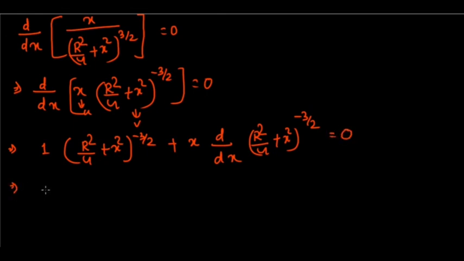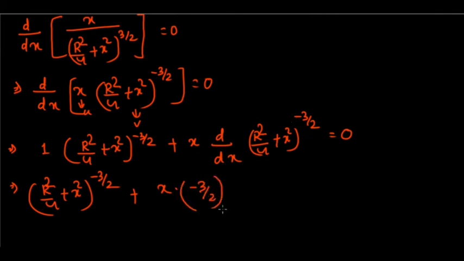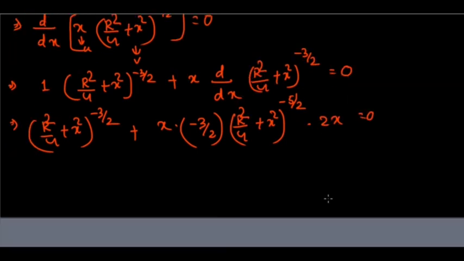So this will be (r²/4 + x²) to the power minus 3/2 plus x into the derivative of this quantity, which will be minus 3/2 into (r²/4 + x²) to the power minus 3/2 minus 1, that is minus 5/2, and then the derivative of x², which will be 2x, that is equal to 0.